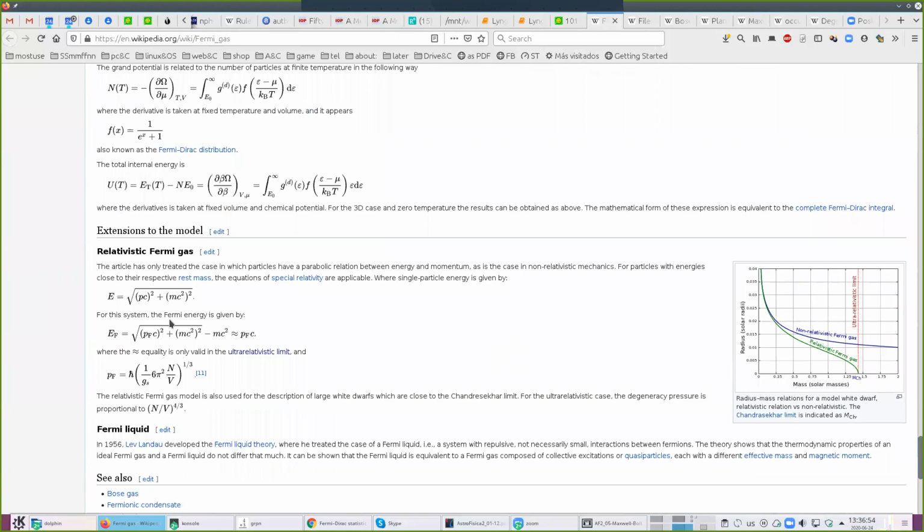Here, these parts are showing quite well the reason why relativistic and non-relativistic are different, because usually for a non-relativistic gas, the energy is equal to PV divided by 2, or P squared divided by 2m.